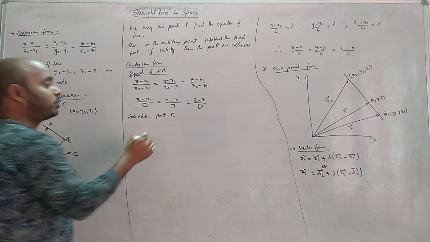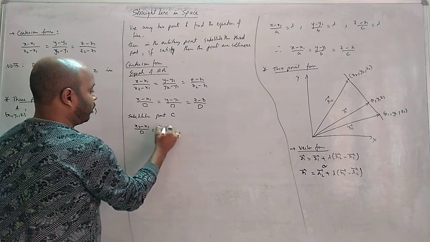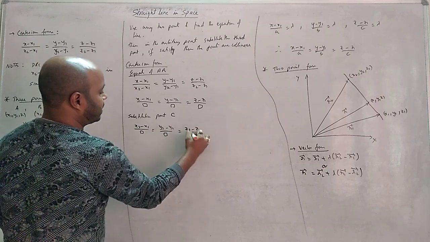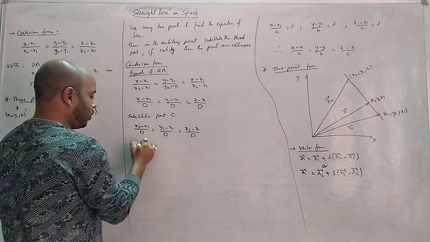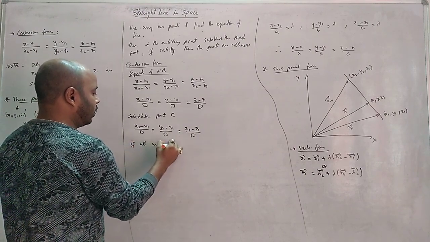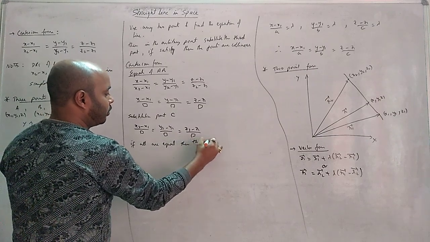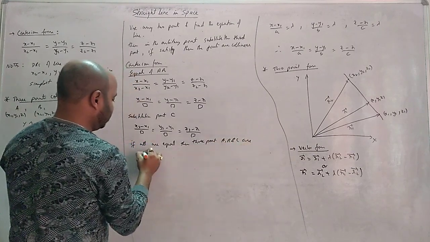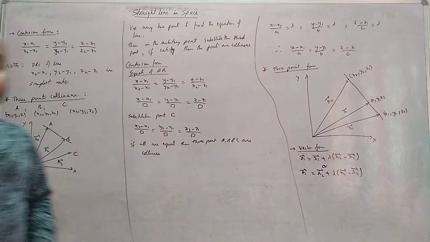So substituting point C: (x3 minus x1) by something, (y3 minus y1) by something, (z3 minus z1) by something. If all three become equal after calculating, then 3 points A, B and C are collinear. This is how we do it in Cartesian form.